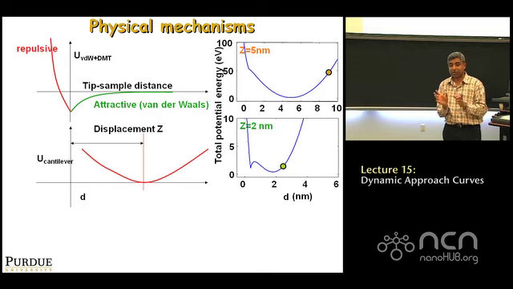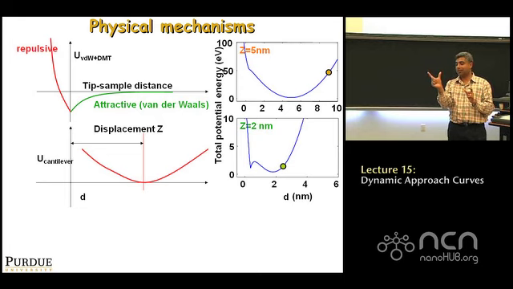The tip sample interaction potential energy and the cantilever potential energy. So what you have is the net potential energy landscape is due to this quadratic and this nonlinear potential energy due to tip sample interaction. You're adding the two together. And the addition gives you the total potential energy, okay?